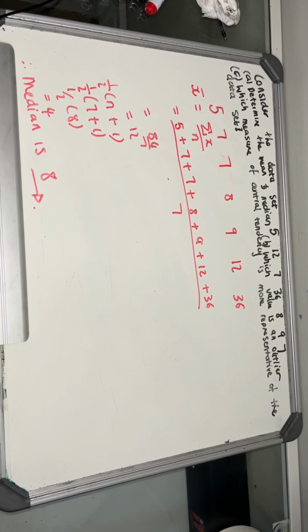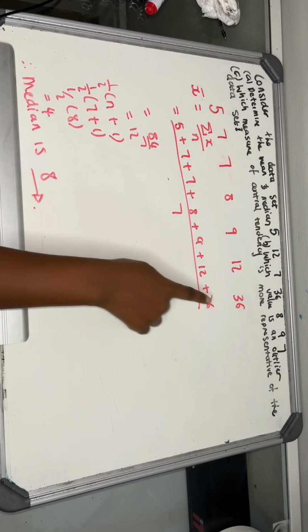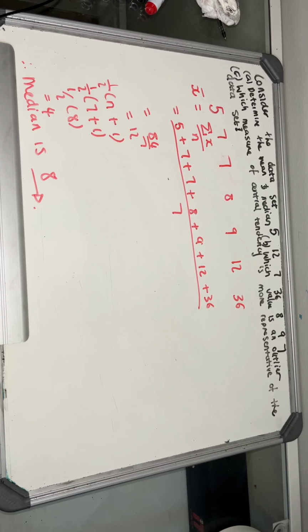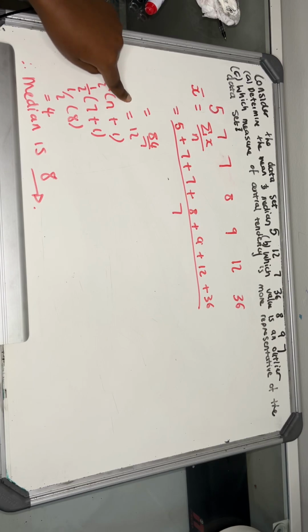When there's an outlier, it either increases the mean or decreases it if the outlier is a very low number compared to the other values. In this case, the outlier is a bigger number. But whatever the outlier, it will affect the mean.